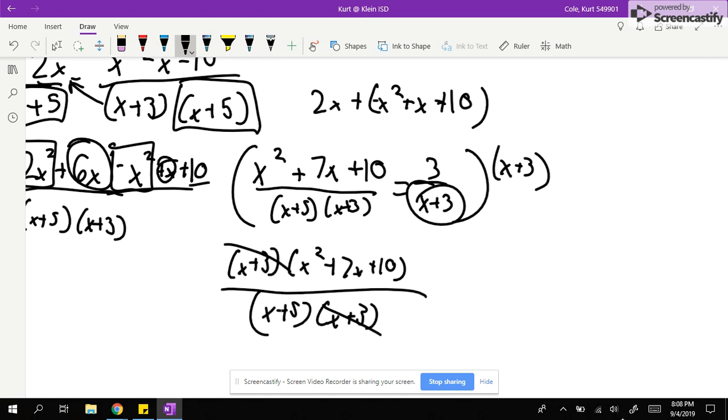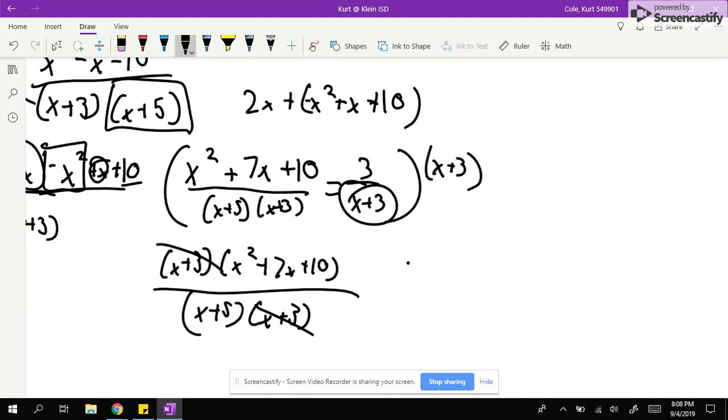These two are the same thing, so they cancel out. And now we're left with x squared plus 7x plus 10 over x plus 5 equals 3.